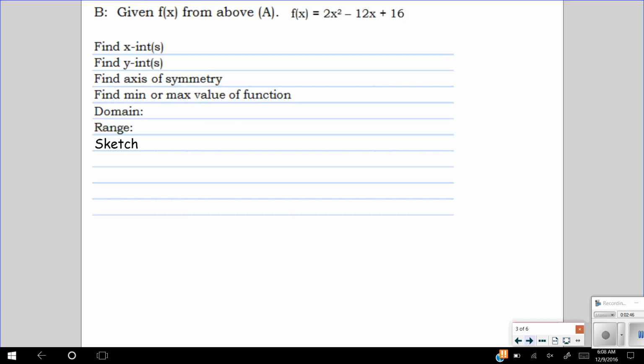Okay. Part B wants us to use the same function. So I am going to write the vertex form, because for some of these questions we're going to use the vertex form. For some of these questions we're going to change it up a little bit. So part 1 says find the x-intercepts. Well, the best way to do that is to find when the equation equals 0.